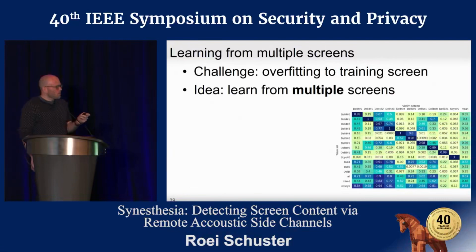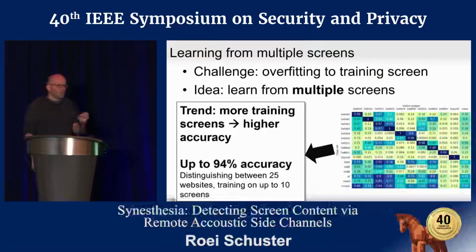We did a pretty extensive evaluation here, recorded with 10 screens, and took a bunch of informative subsets of them. And we found that the trend is that when you train with more screens, it does eliminate the overfitting. And if you train with a lot of screens, you might get accuracy that's comparable to training and testing on the same screen.